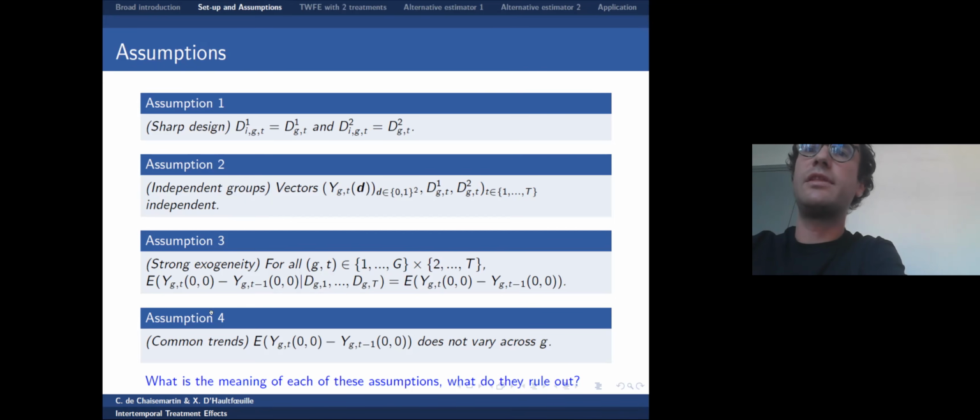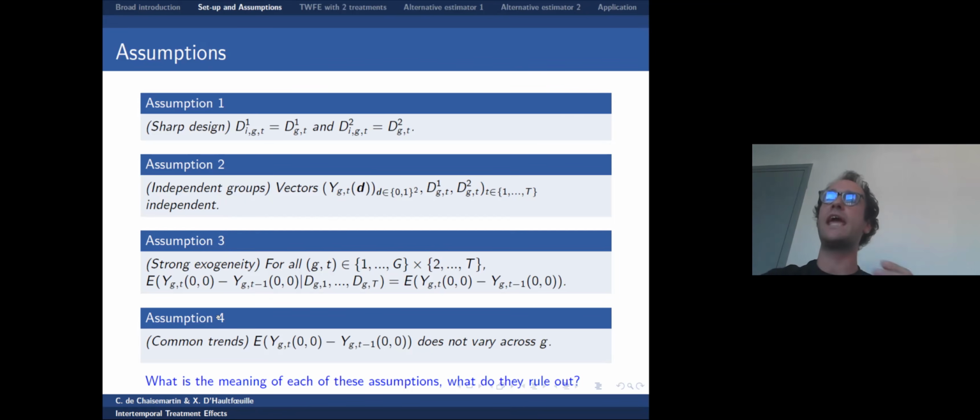It turns out that those are strong assumptions that should not be taken for granted. But the good news is that you can test those assumptions by looking at pre-trends, by looking at whether treated and control groups followed parallel trends before the treated got treated.